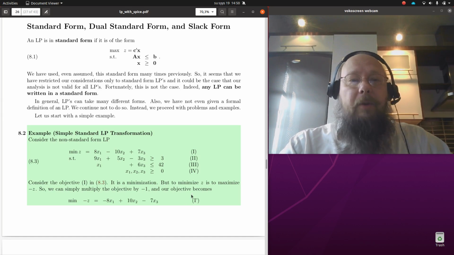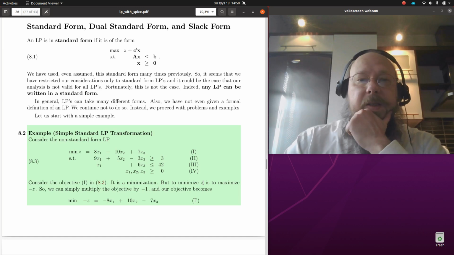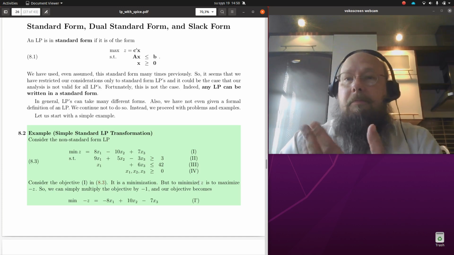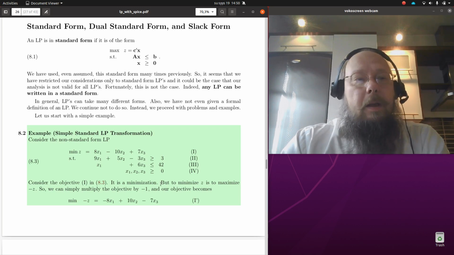If I want to minimize z, it's the same as maximize -z. I think this is clear, yes? So you multiply everything by -1.